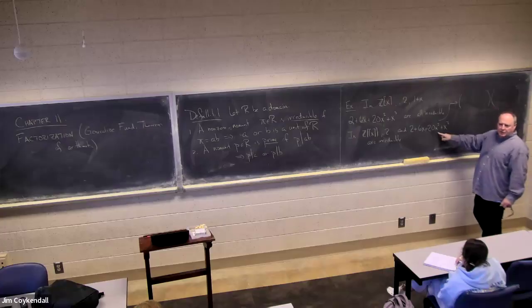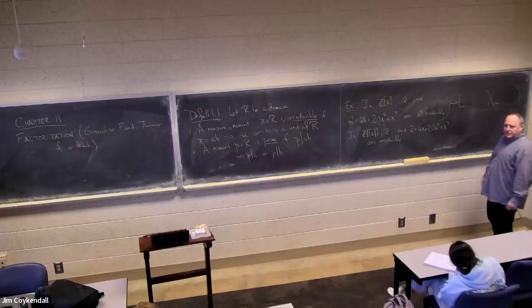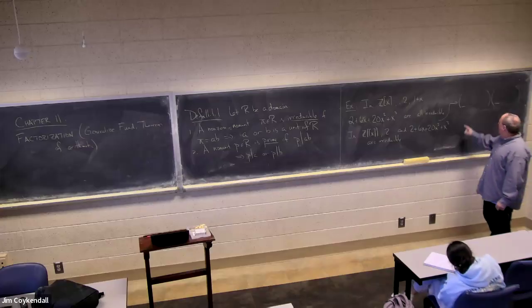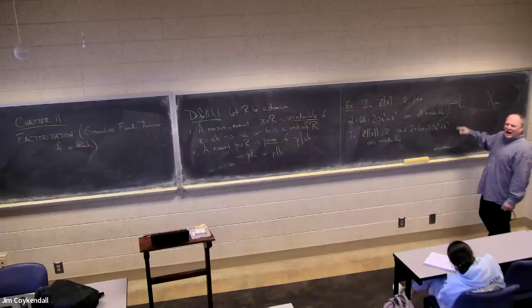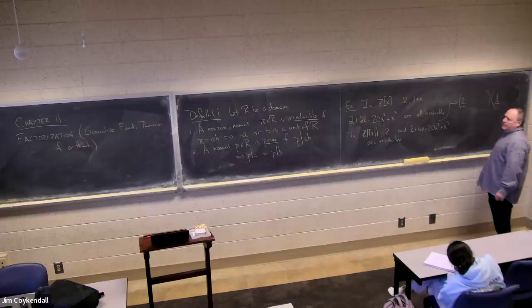Suppose you could break this up into two power series. The constant terms have to be 2 and 1. I could change the sign, but essentially that's it. Everybody agree with that?